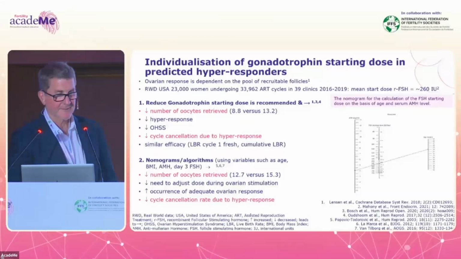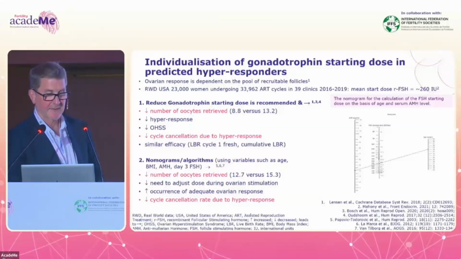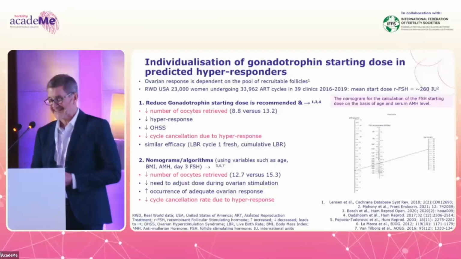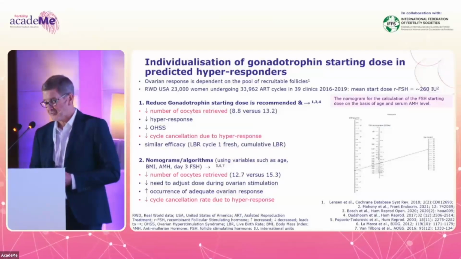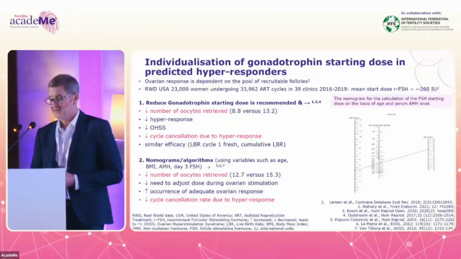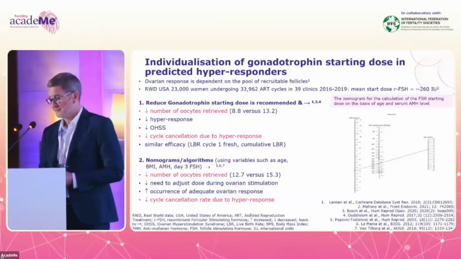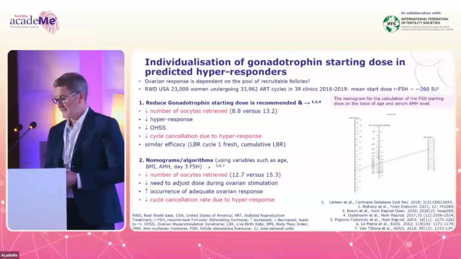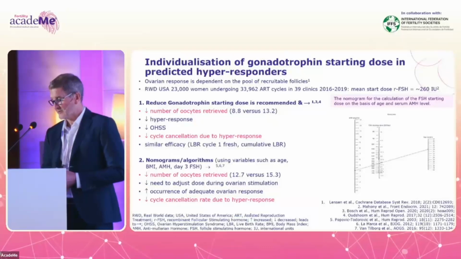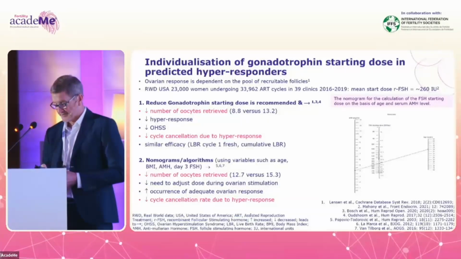The use of nomograms or algorithms using variables such as age, BMI, AMH, day 3 FSH, again, the evidence in hyperresponders has shown reduction in eggs collected. There's a reduced need to adjust the dose during ovarian stimulation, increased occurrence of an adequate ovarian response, and there's reduced risk of cycle cancellation due to hyperresponse.